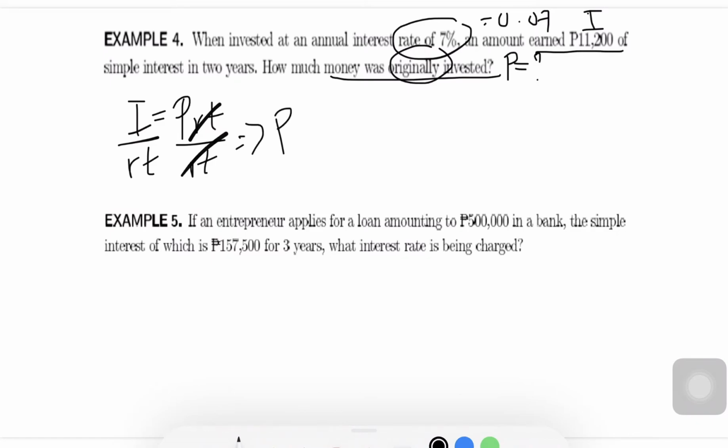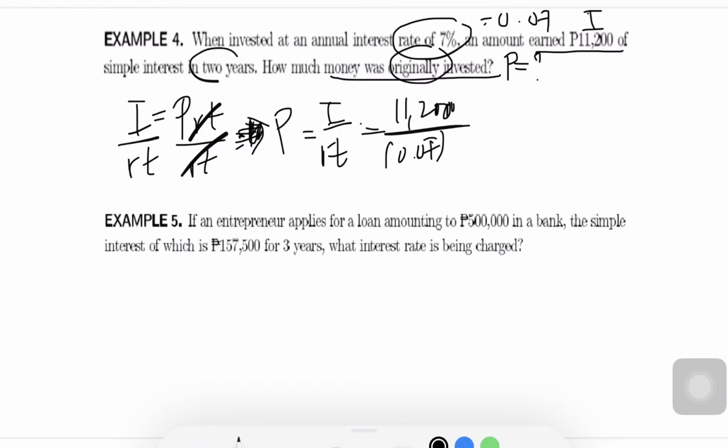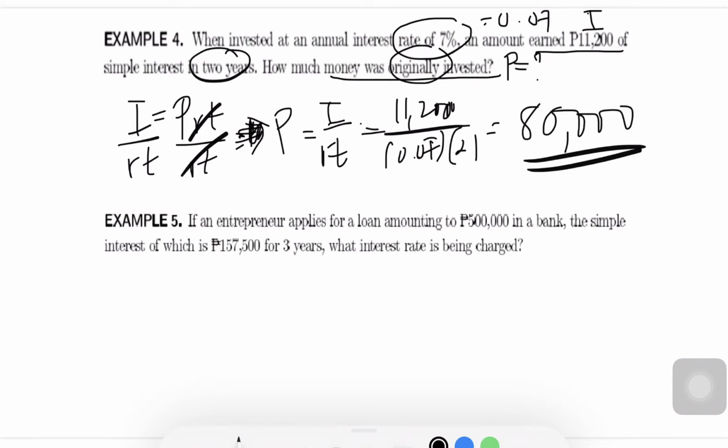So P is equal to I over RT. The interest is 11,200, the rate is 0.07, and the time is 2. Use your calculator: 0.07 times 2. This is 80,000. So the original money invested is 80,000.